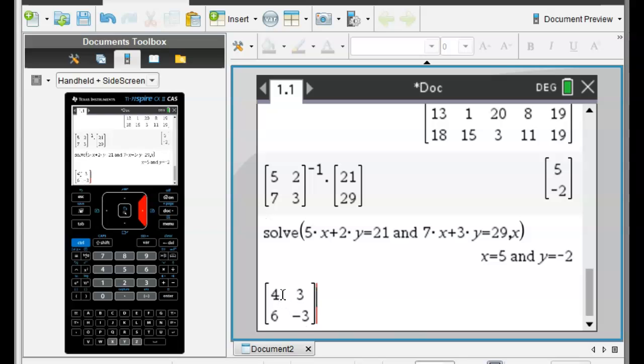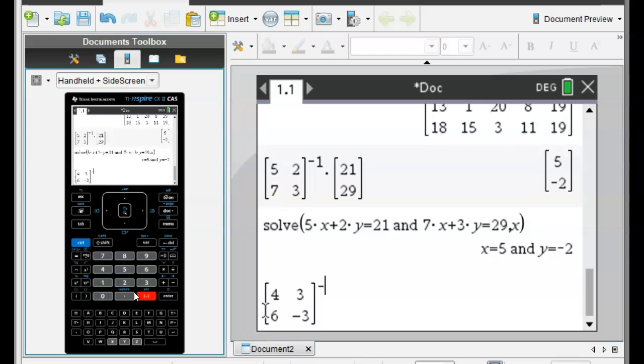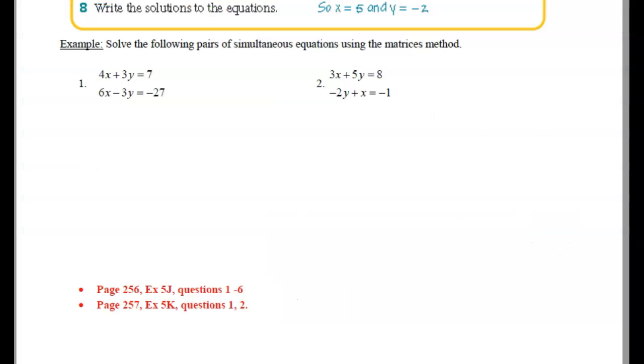So 4 comes from the coefficient of x, 3 comes from the coefficient of y for your first equation, 6 from your coefficient of x for the second equation, -3 the coefficient of y. So to the power of -1, now multiply that by your constants, so 7 and -27.